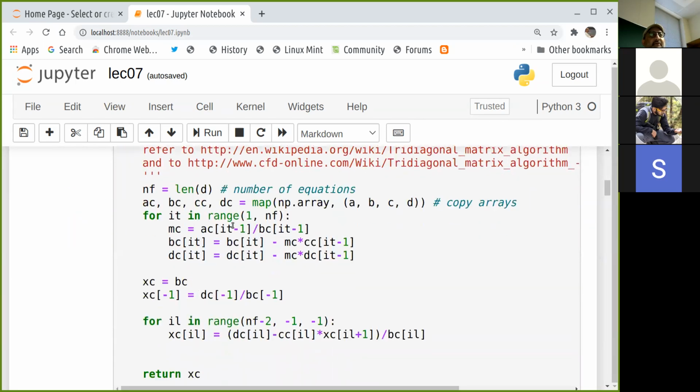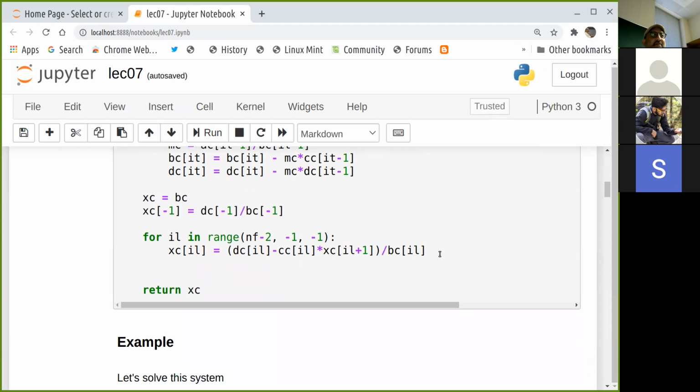From the original code, I've changed xrange to range. That's for the forward sweep. Now you do the backward sweep, and you return the result. I'll let you go through the nitty-gritty of the code yourself.